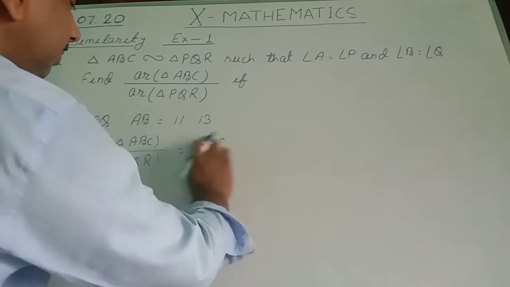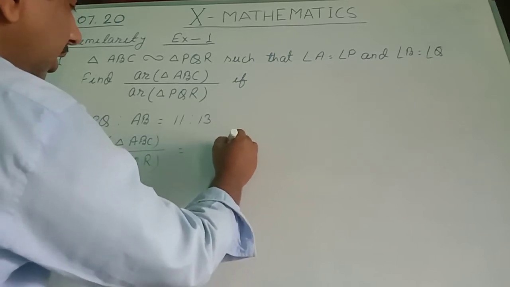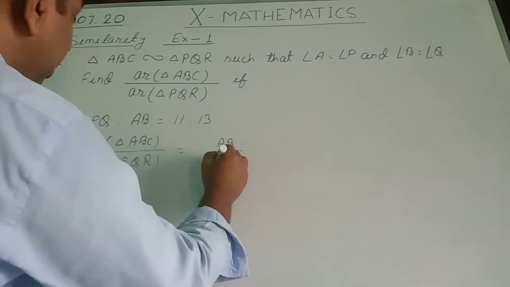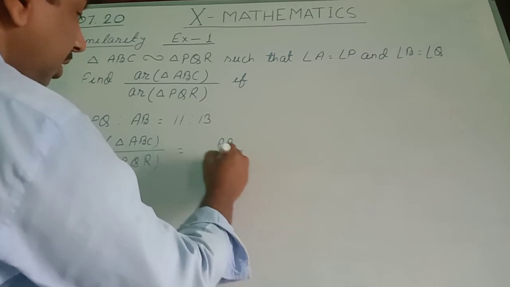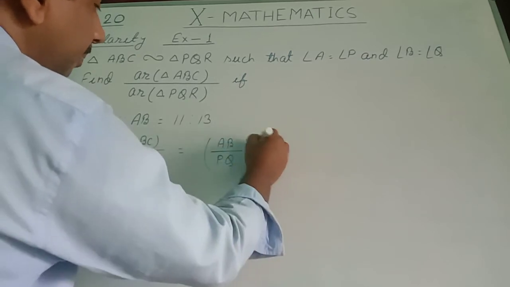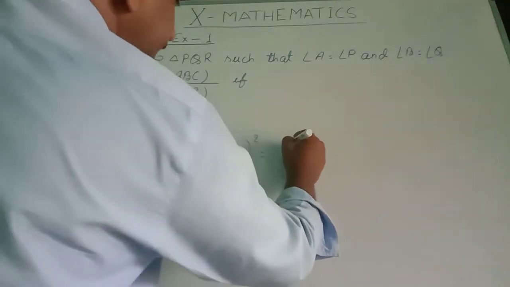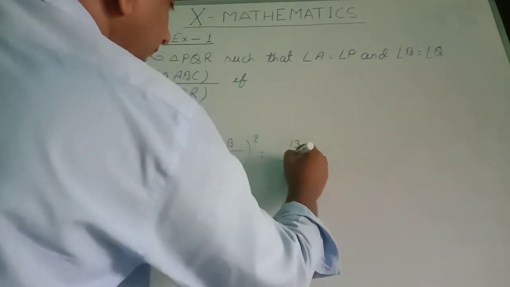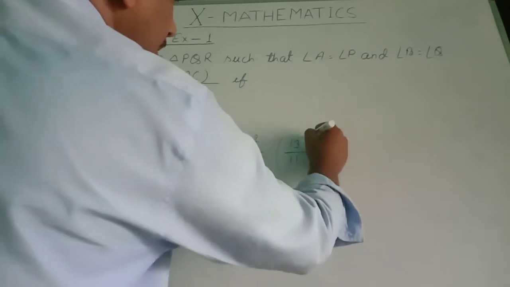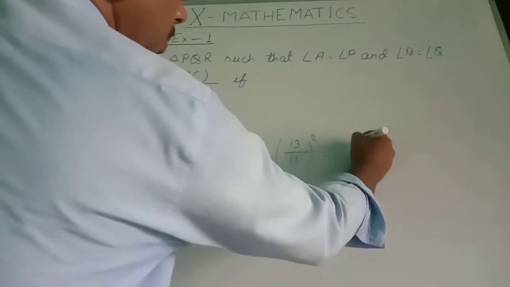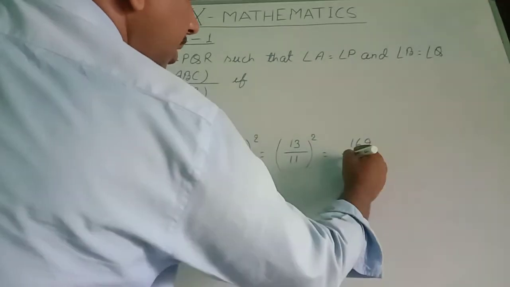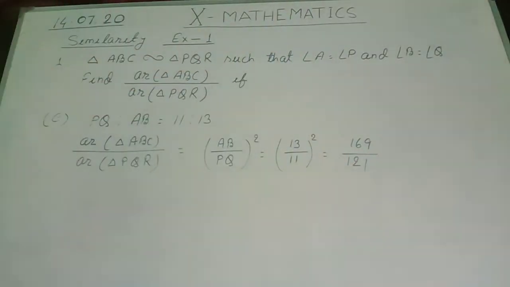At first we write the square of the ratio of the corresponding sides, AB by PQ whole square. Then we write the value of AB, that is 13 by 11, this much whole square. So it became 169 by 121.